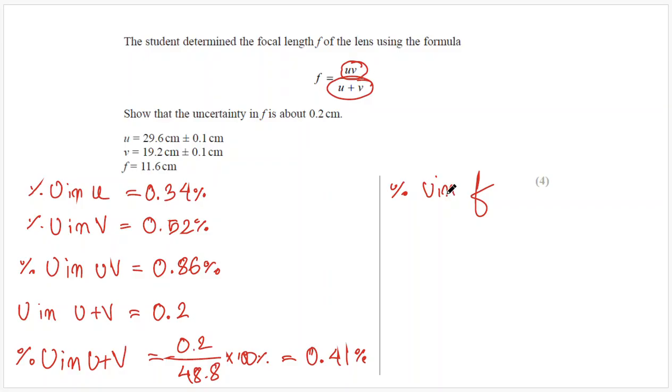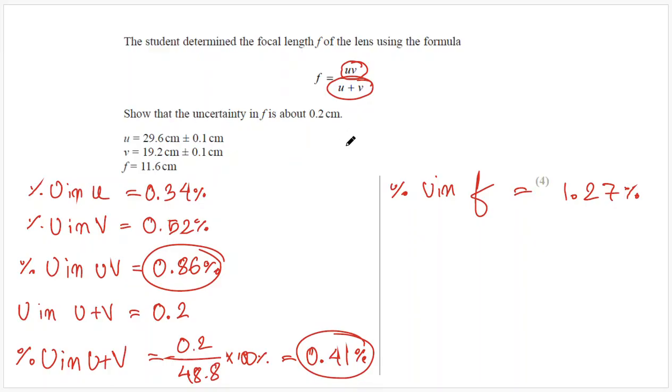So percentage uncertainty in F would be percentage uncertainty of UV plus U plus V. So 0.86 plus 0.41 gives you 1.27, 1.27%. You might be wondering, I'm done.